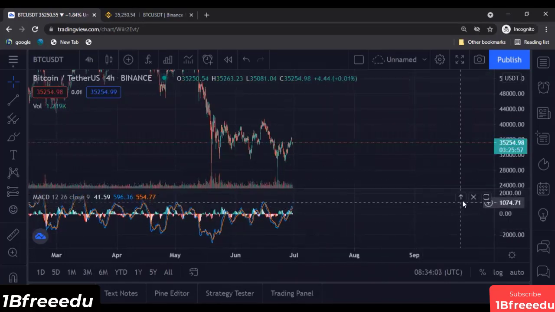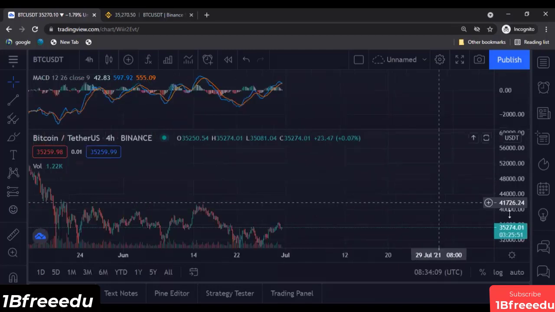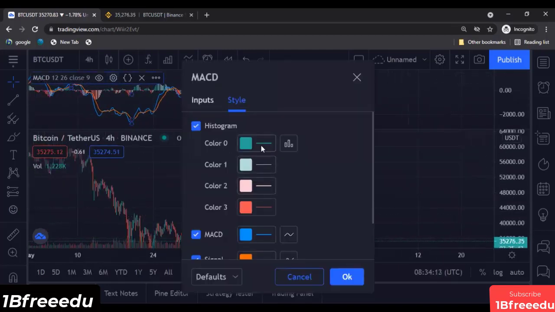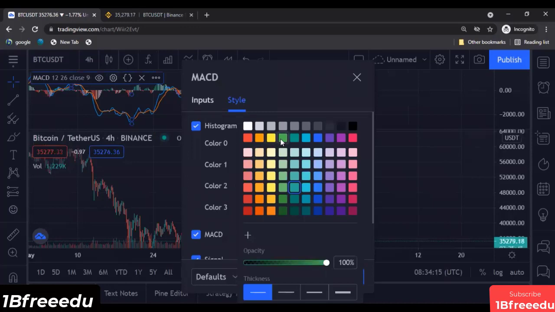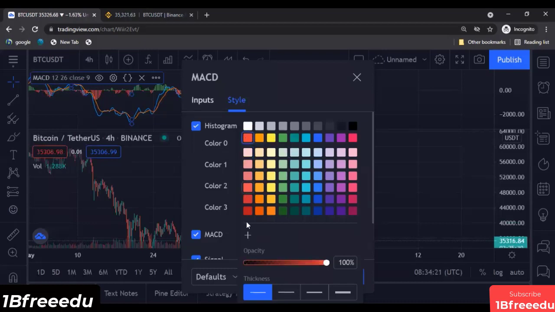You can move it up and then I would recommend you to have some changes in it as well. Just click here and it totally depends upon you how you would like to set this up.